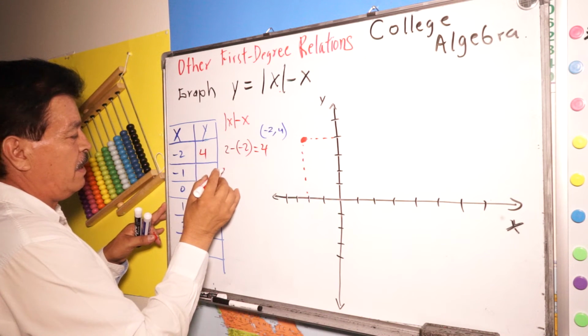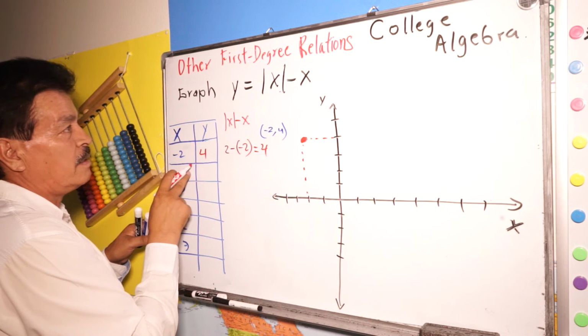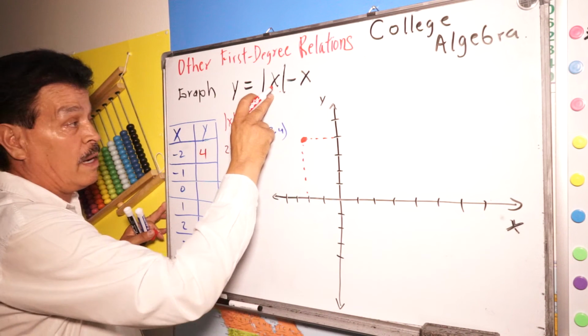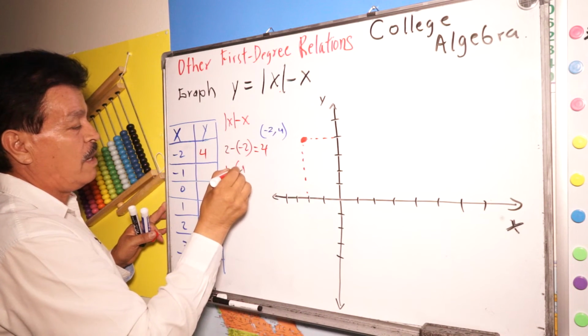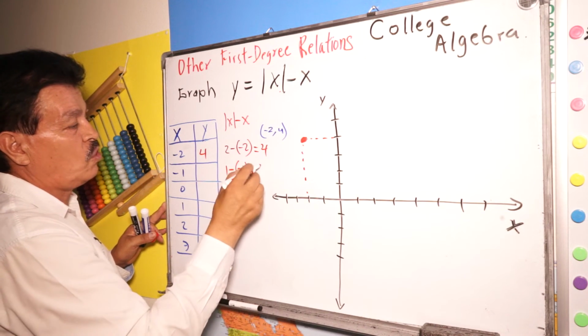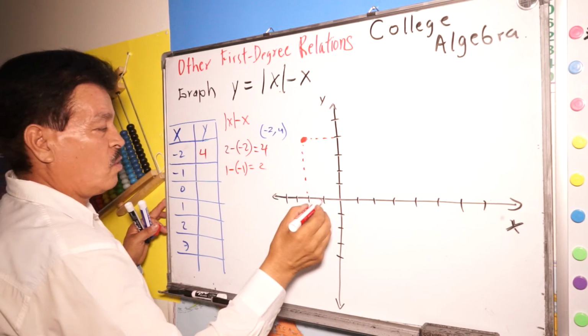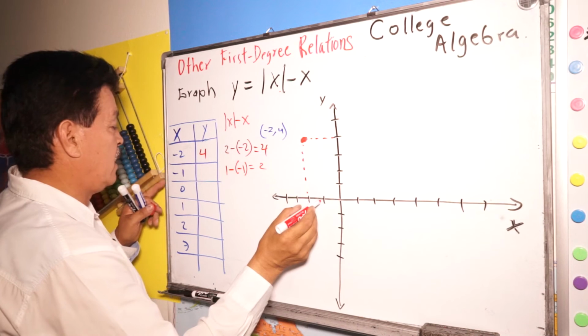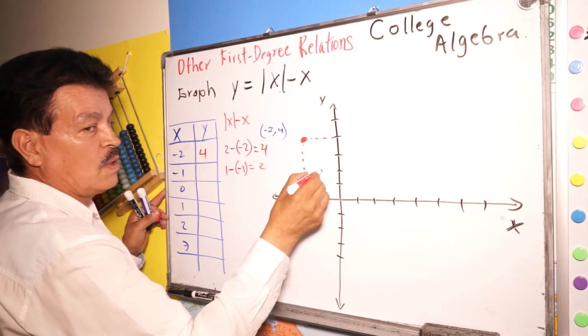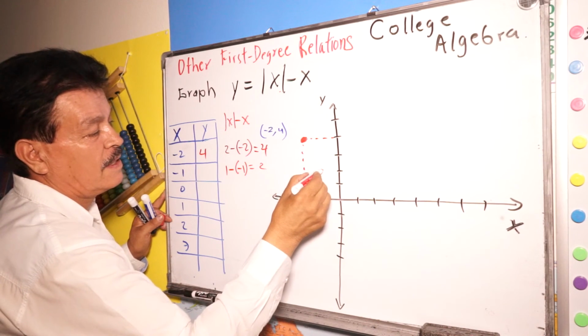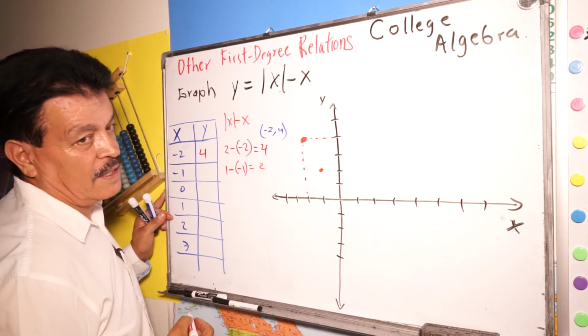Here you have negative 1, but the absolute value of negative 1 is 1, minus negative 1 equals 2. Right? So negative 1 and 2. I have another point there.